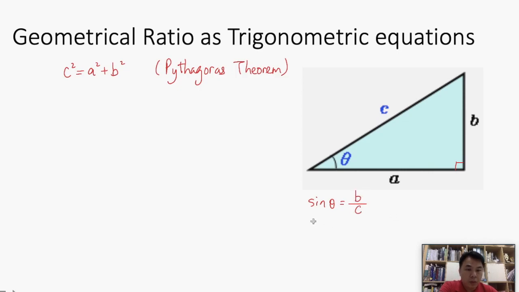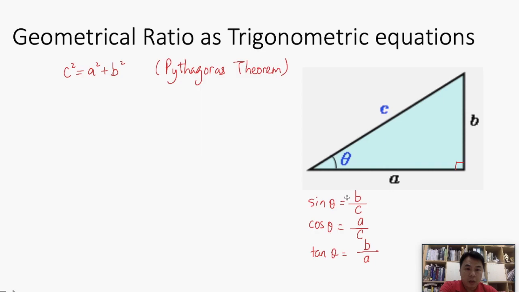And then we have cosine theta, which is given by a over c. And finally we have tangent theta, which is the opposite over the adjacent length. Right, now these are the common trigonometric ratios that we have seen all this while, right?